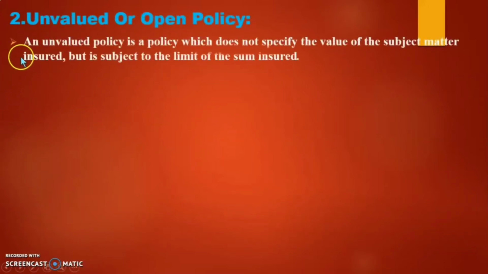Now, we'll discuss unvalued or open policy. An unvalued policy is a policy which does not specify the value of the subject matter insured, but is subject to the limit of the sum insured.